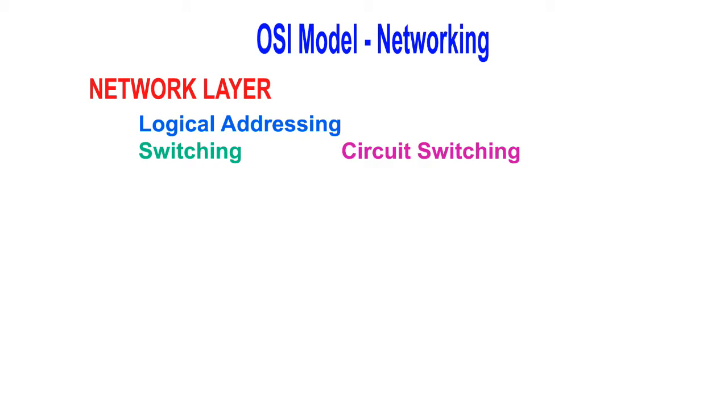The computer that initiates the data transfer establishes the dedicated path at the session layer and ensures reliable packet delivery at the transport layer. The network layer is responsible solely for moving datagrams along the circuit.